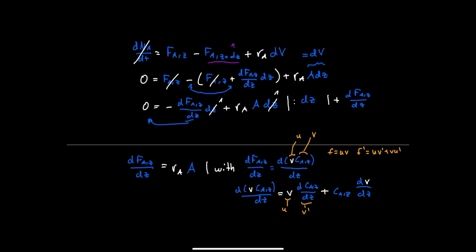Here we applied the product rule, and because the change of the volumetric flow rate with respect to z is 0, because it is constant, we can just ignore this term.